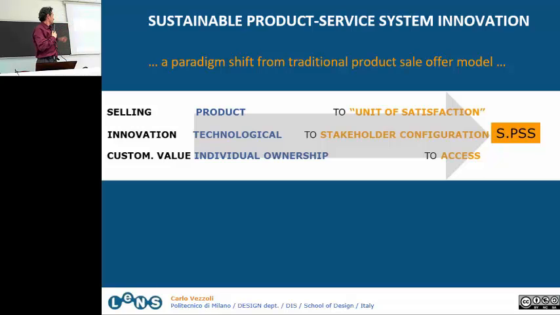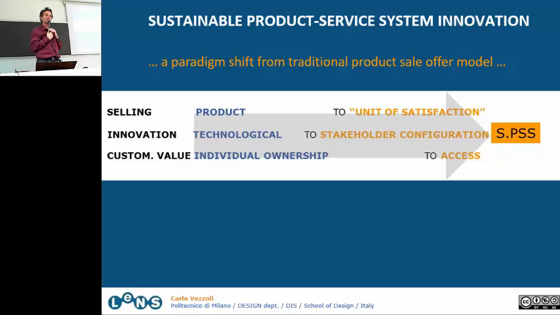And the other thing is the innovation. That will be very important for us as designers. We will see, because what we are designing is not the technological or product innovation at first, but the stakeholder interaction or stakeholder configuration. You will be designing stakeholder configuration.